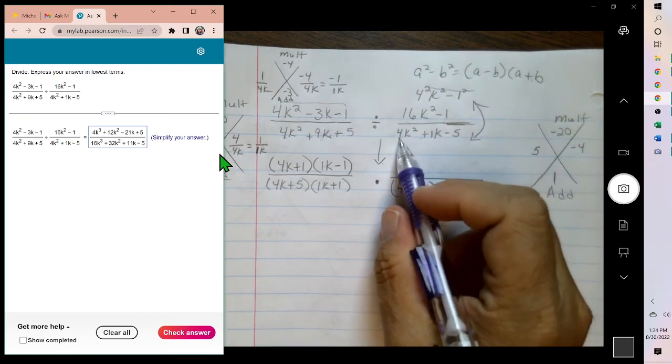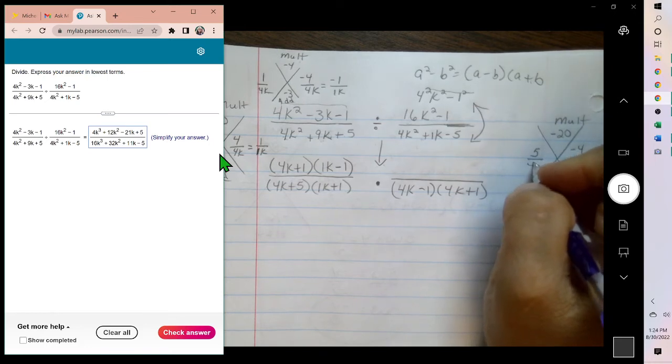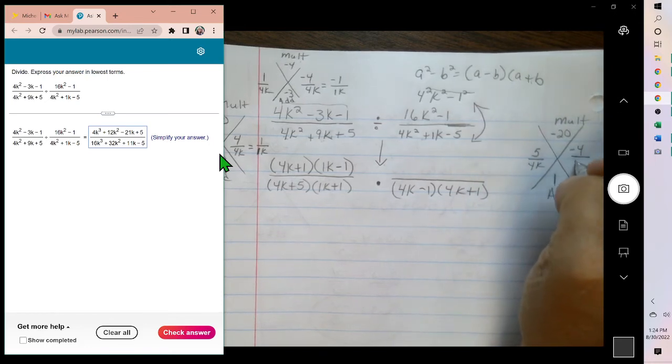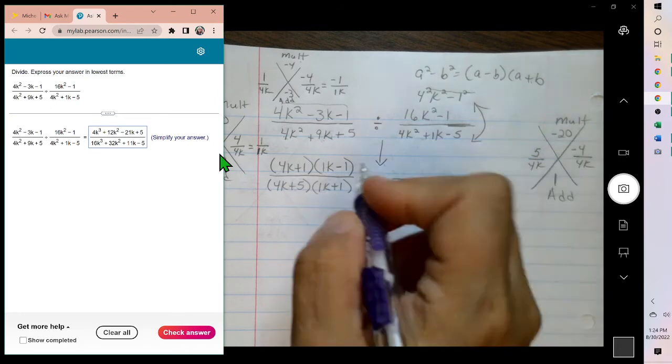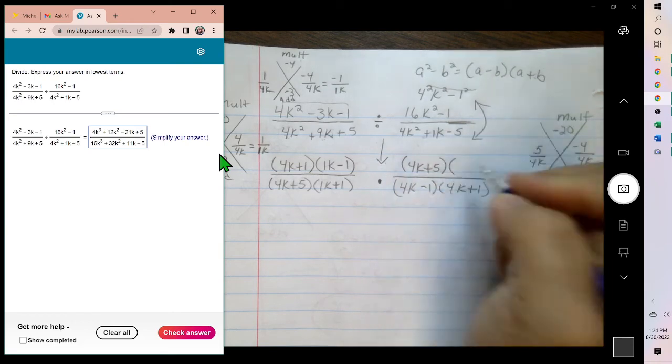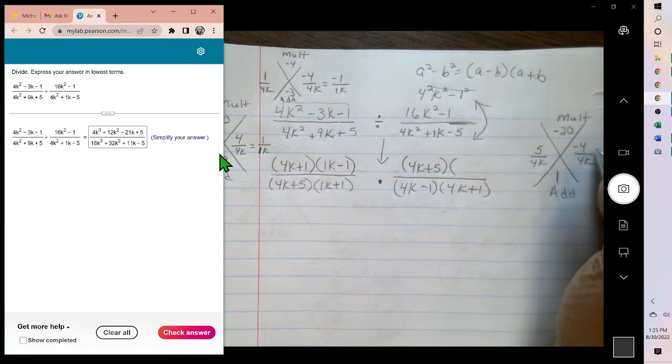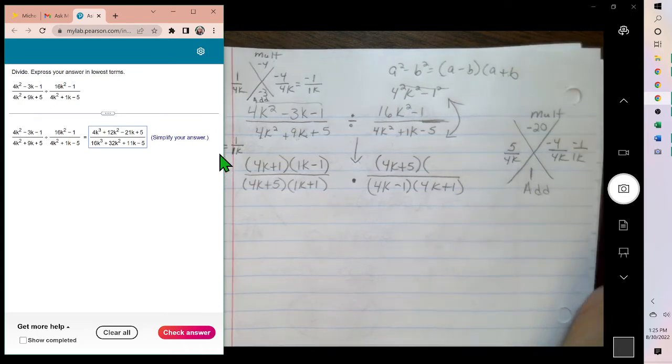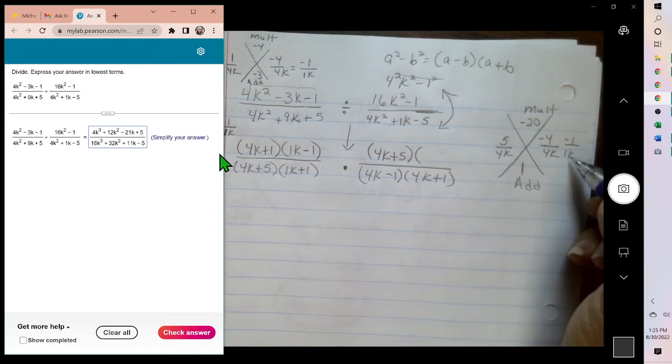Since I multiplied this 4 in, I need to divide it by 4k. This won't reduce. 4k plus 5 is that factor. Then the other one will reduce again, negative 1 over 1k, so it makes 1k minus 1.